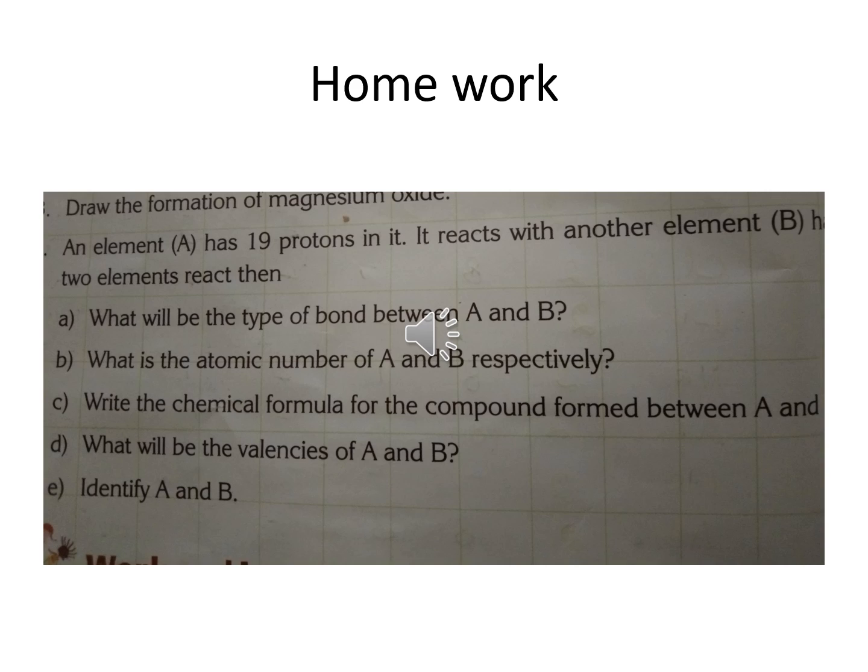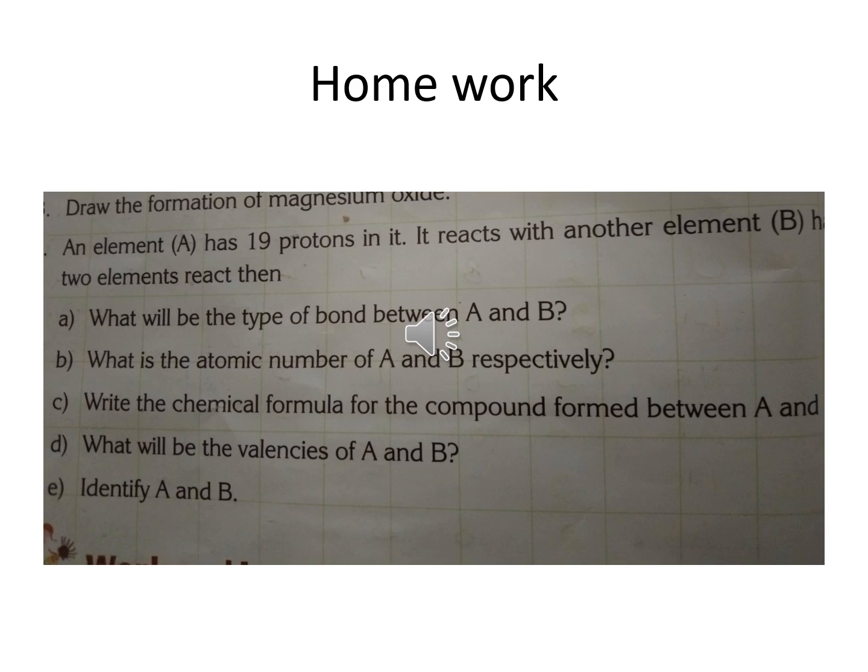The homework questions are in the book, page number 48. That fourth question, you mark, that question is 4 marks. An element A has 19 protons in it, and it reacts with another element B having 8 protons.